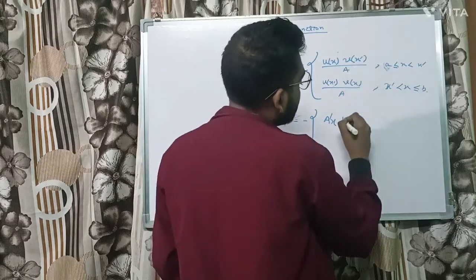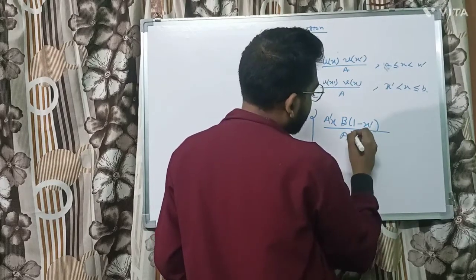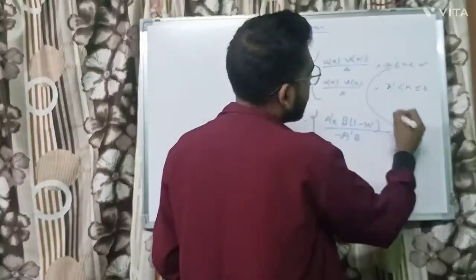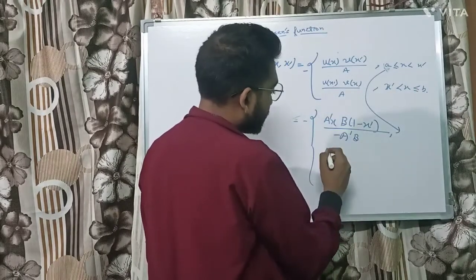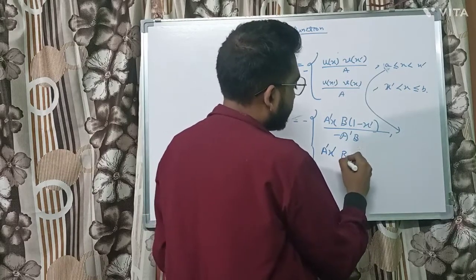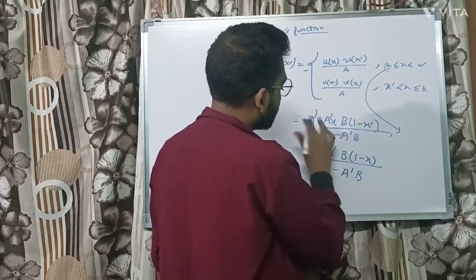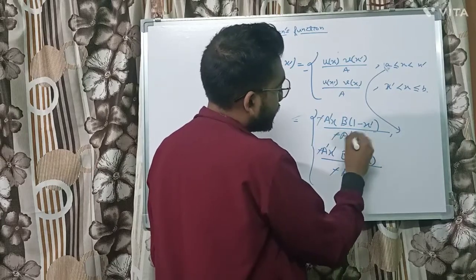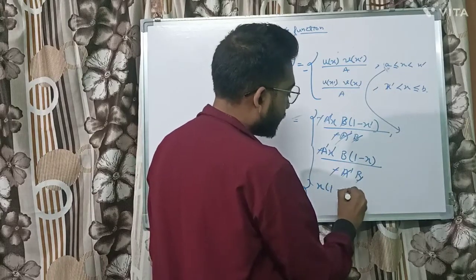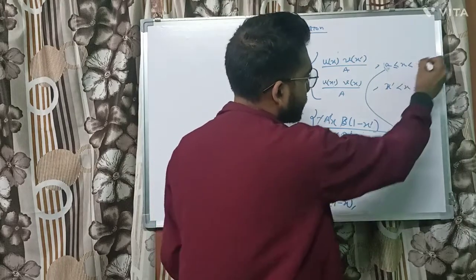And what is v(x)? This is b into 1 minus x dash, because it is a function of x dash, divided by a dash b, which is minus of a dash b. So this is for the same interval. For the other, it is a dash x dash, and for v it is 1 minus x, divided by a dash b. This is also minus, this is also minus, so the minus will cancel, a dash cancels, b cancels. So my solution will look like this. These are my solutions for the intervals mentioned here.